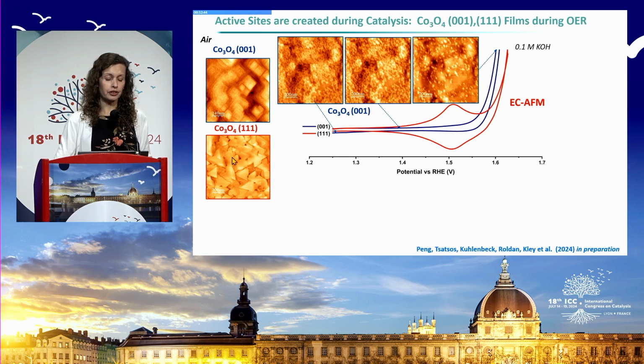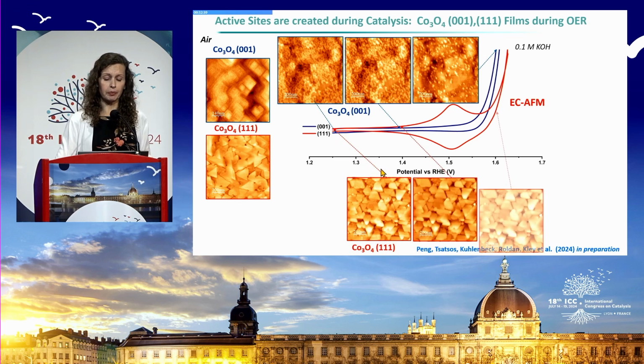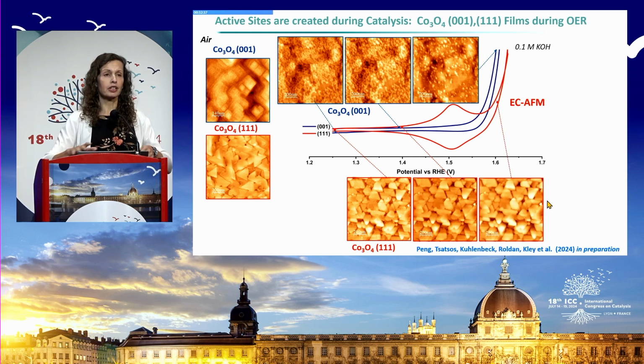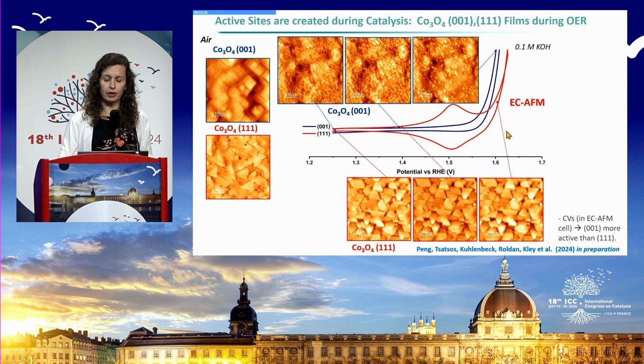For the other surface, there are much smaller changes. So we go to the same applied potentials, and you can see that there is some more roughening, but the changes are not as drastic. So this type of imaging, in situ characterization with electrochemical atomic force microscopy, gives us information about what are the sites that are being created under reaction conditions and how are these being modified as we are changing the applied potential.